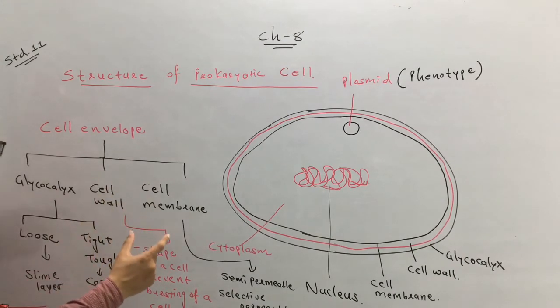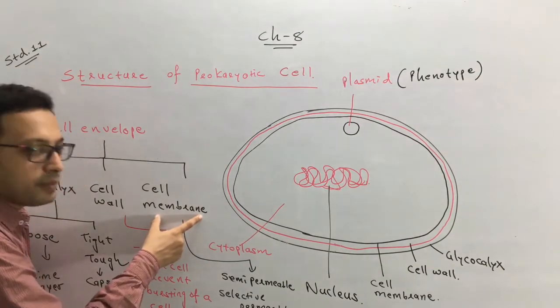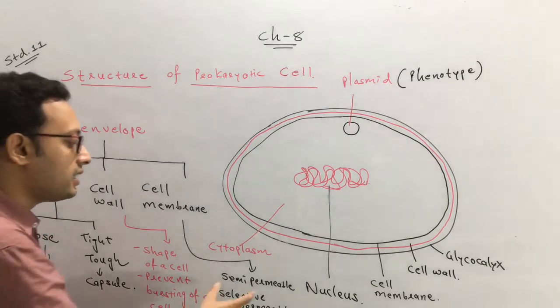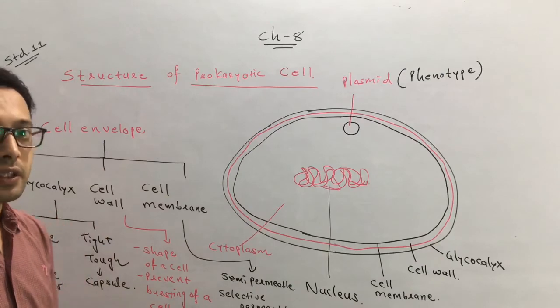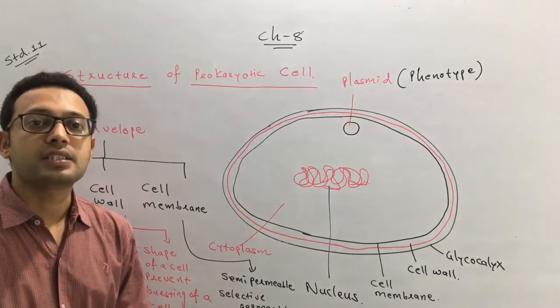It provides the shape of the cell and prevents bursting of the cell, and thus protects the cell. The third one is the cell membrane, which is similar to other kinds of cells. It is a selective permeable and semi-permeable membrane. So this is about the characteristics of the three layers you can find in a bacterial cell.